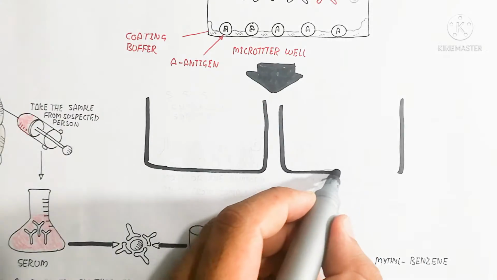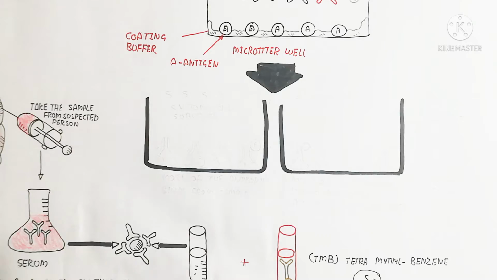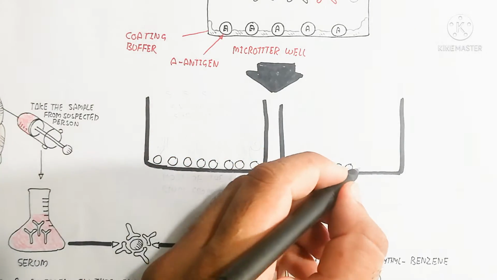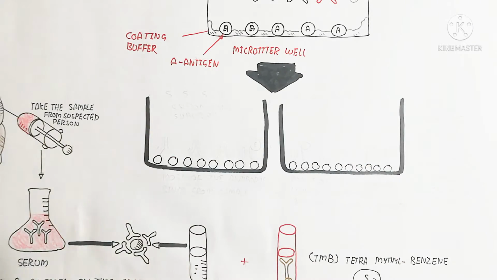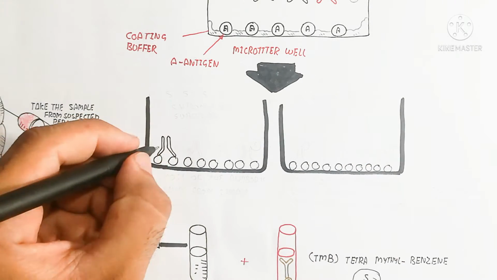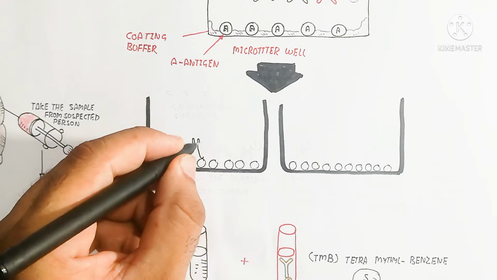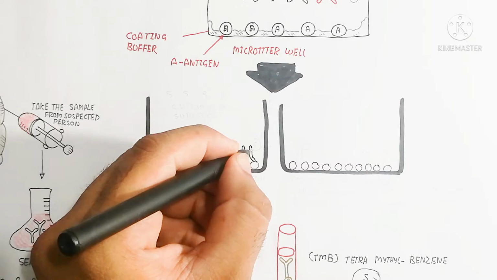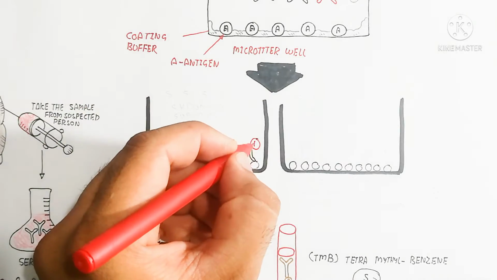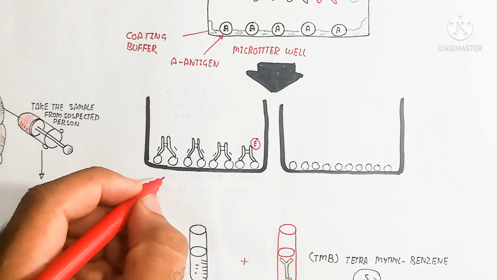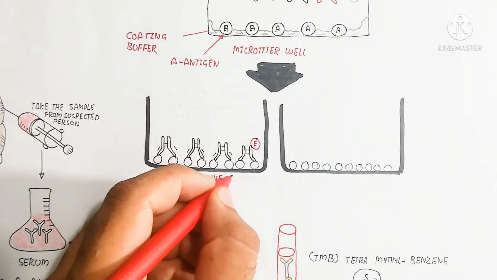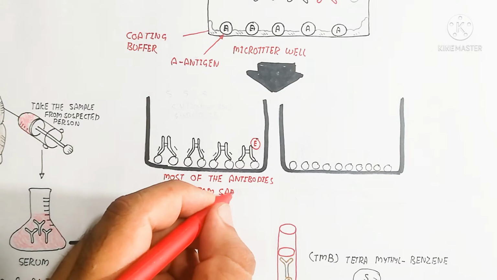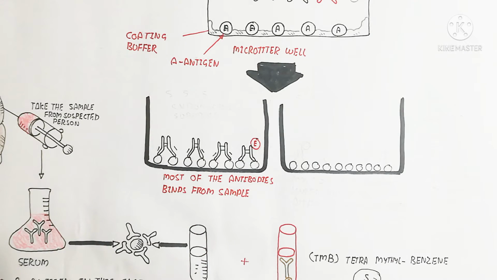Here I am drawing two microtiter wells to understand. First of all, we put the chromogenic substrate, for example tetramethylbenzidine. Here, more antibodies from the suspected person are attached to the antigen, while the enzyme linked antibody is attached less.